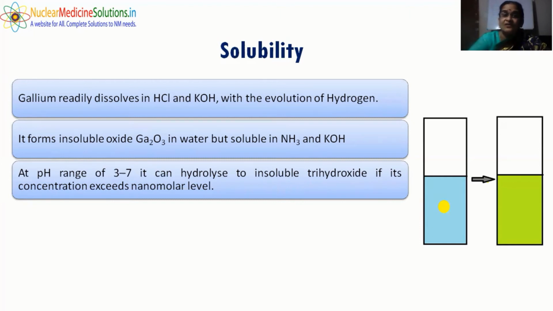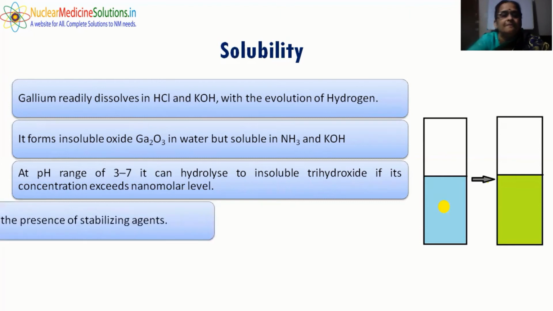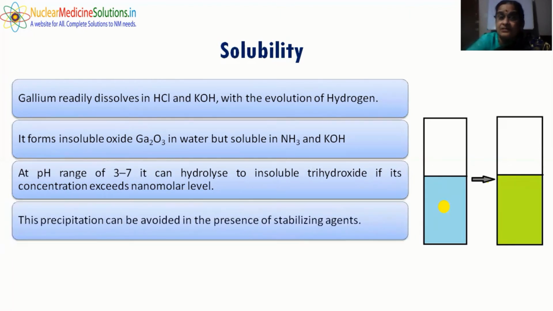So 3 to 7 is almost like acidic conditions. Now, this precipitation, however, can be avoided in the presence of some stabilizing agents, and a buffer is also to be used to maintain a particular pH so that the reaction can be run properly.